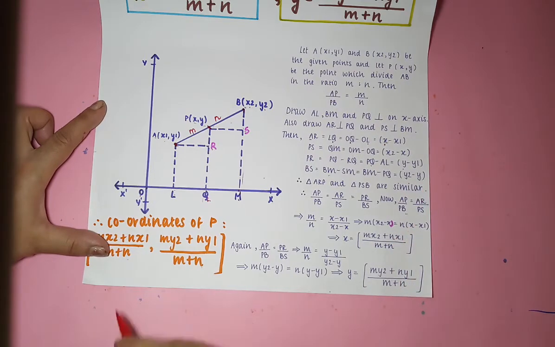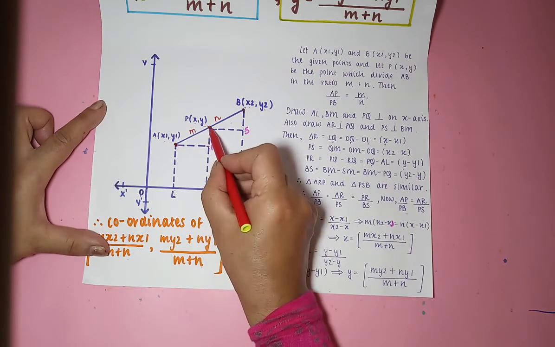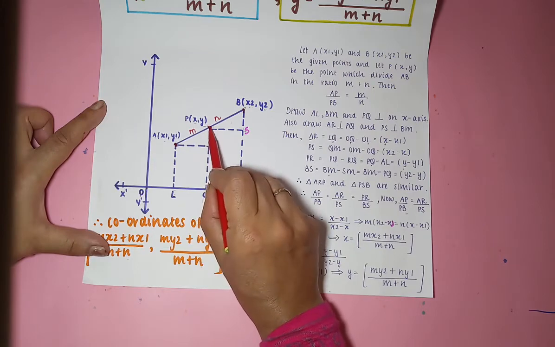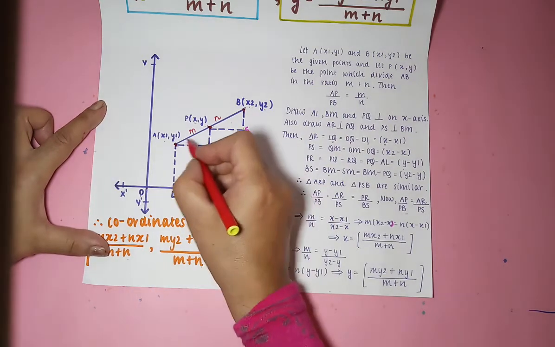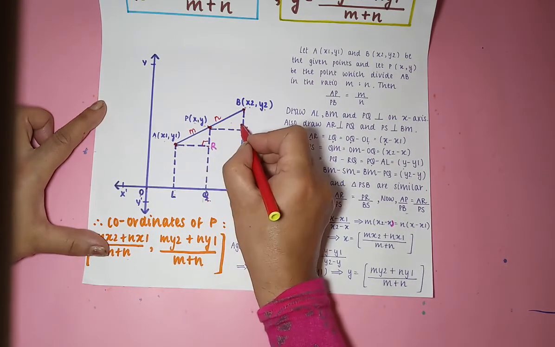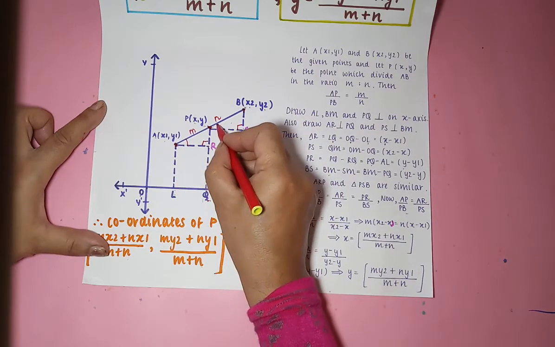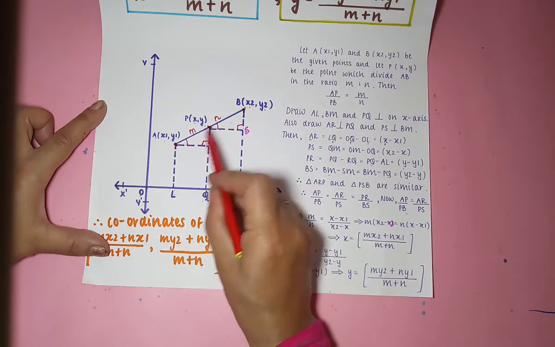Fine. Now, we are considering these two triangles, ARP and another triangle PSB. Aren't these two triangles similar? Right? Why? Because this angle is equal to this angle, both are 90 degrees, and this angle is equal to this angle, corresponding angles. So by the AA axiom, these two triangles are similar.